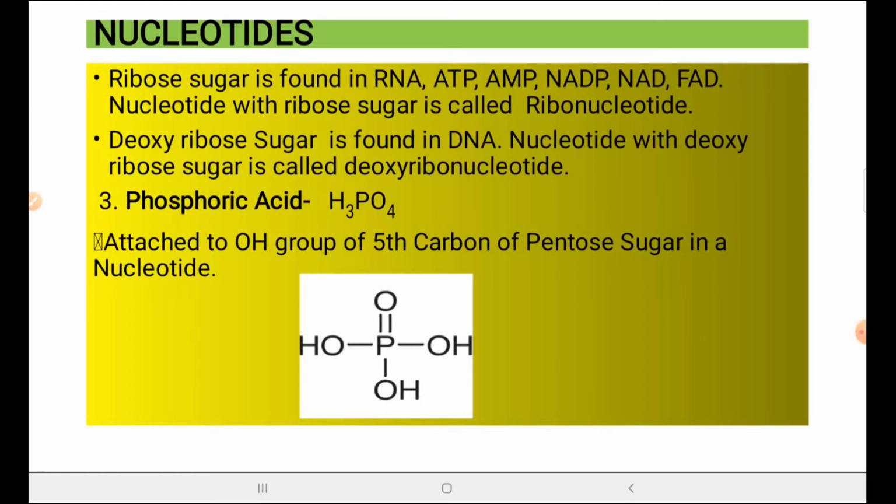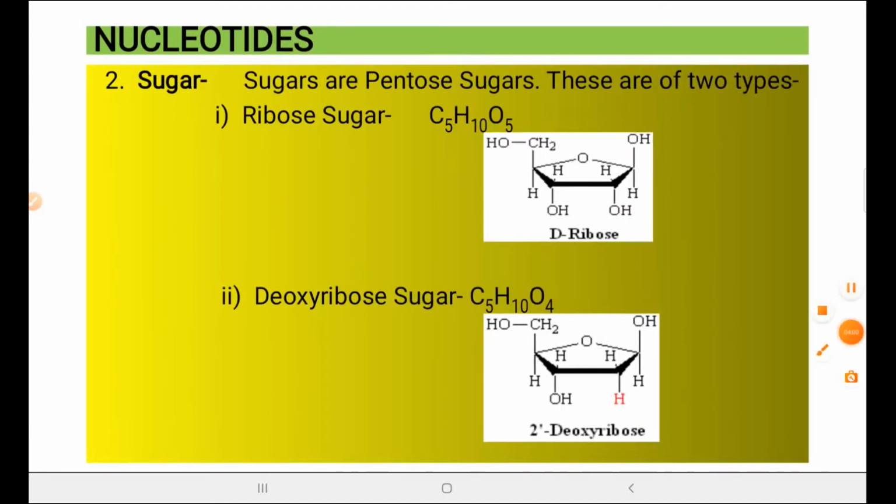Now let us come to the third component of nucleotide, that is phosphoric acid. Its formula is H3PO4. As it is written here, it is attached to the OH group of the 5th carbon atom of the pentose sugar in the nucleotide. In the pentose sugar there are 5 carbon atoms: 1, 2, 3, 4 and the 5th carbon atom.